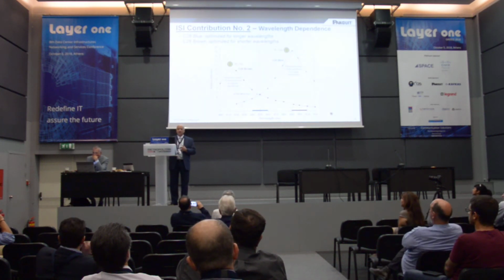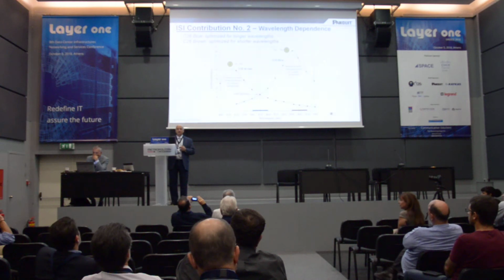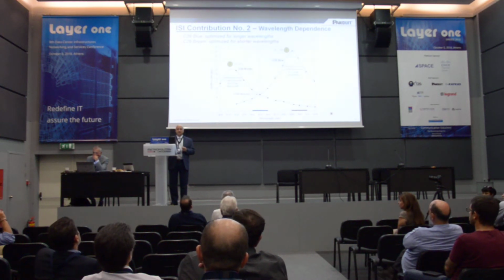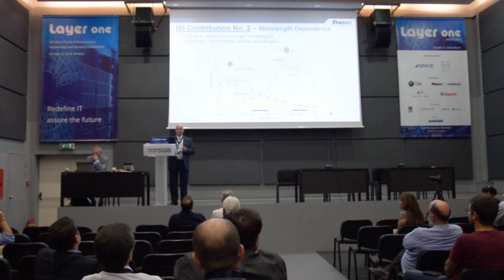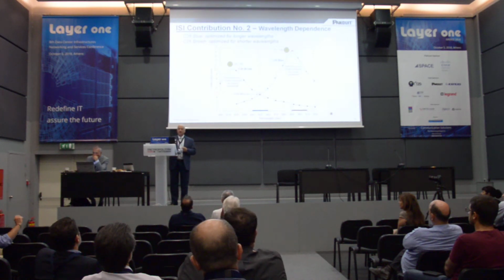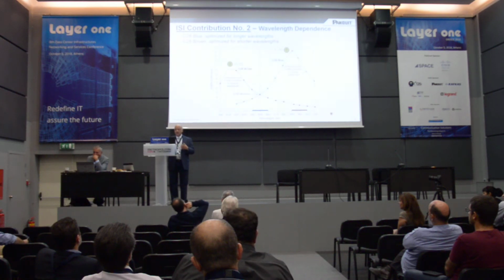Now, what I show here are two different multimode fibers from the same manufacturer in the same cable with the same bandwidth at 850 nanometers. And what you see is one is optimized because it has an alpha less than alpha 0, the other one has one greater. You can see they're optimized at totally different wavelengths.